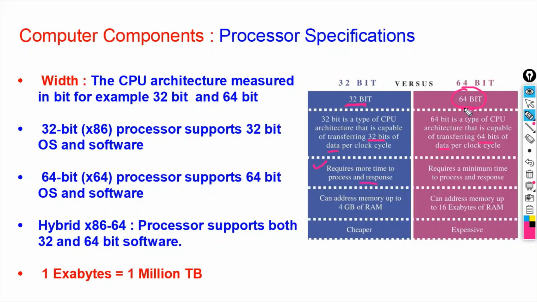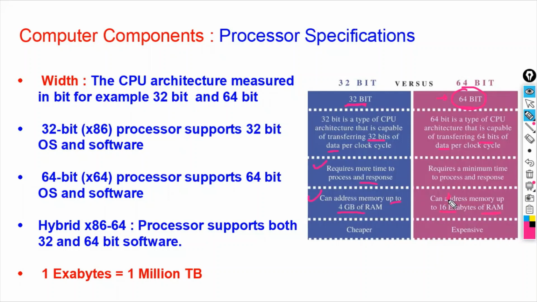A 32-bit processor is slower than a 64-bit processor, requires more time to process and respond, and it can address memory up to 4 GB of RAM, which means 32-bit processors support a maximum of 4 GB of RAM, whereas 64-bit processors support 16 exabytes of RAM, guys.